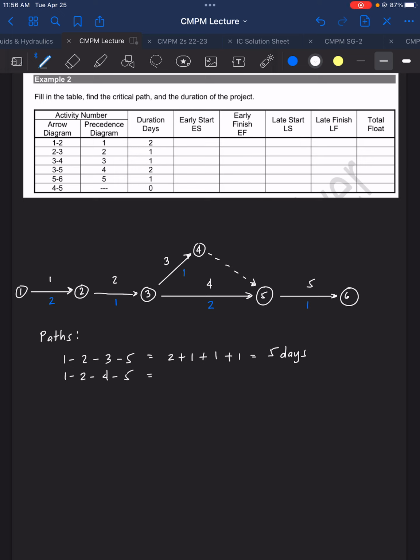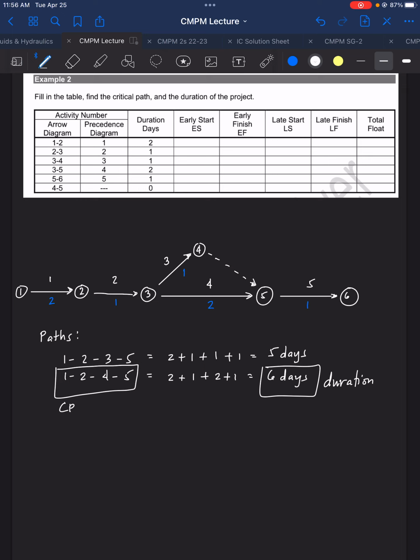For path 1, 2, 4, 5, we have 2 plus 1 plus 2 plus 1, and that is 6 days. Therefore, the critical path is this. So 1, 2, 4, and 5, and 6 days is your duration, the duration of the entire project.